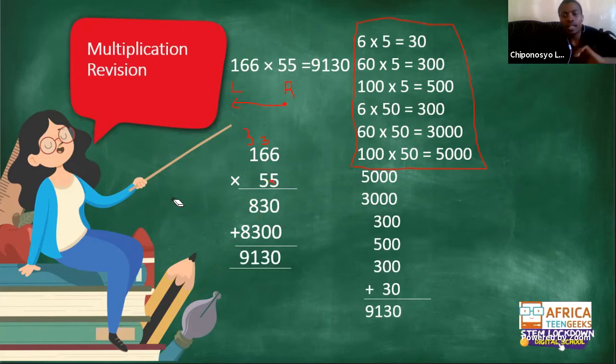Okay. Then we have our first part, the 830. The next part, what we do, because this friend of ours over here is 50. He's not 5, he's 50. We had to put 0 as a placeholder.